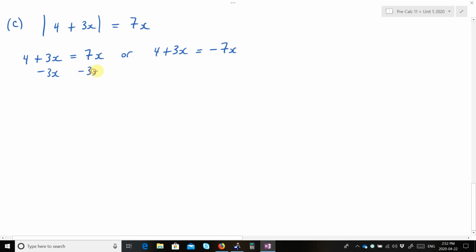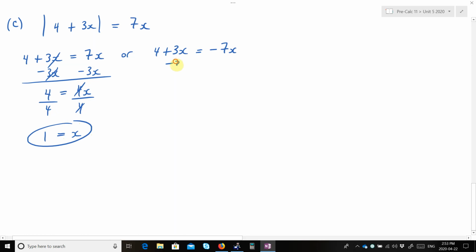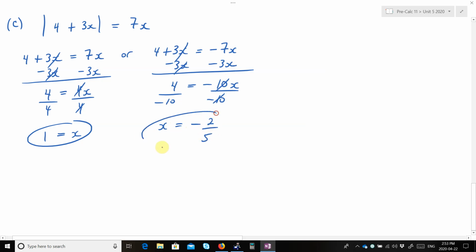And over here, if we solve this equation, we will get 4 equals 4x, 1 equals x, so x equals 1 is a possible solution. And with the other equation, we are going to get negative 10x equals 4, so divide both sides by negative 10, and you will get x equals 4 over negative 10, which is a negative fraction. In lowest terms, that is negative 2 over 5.